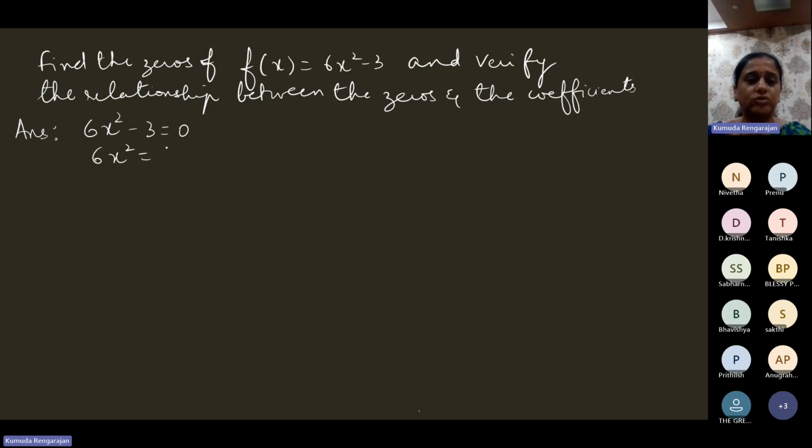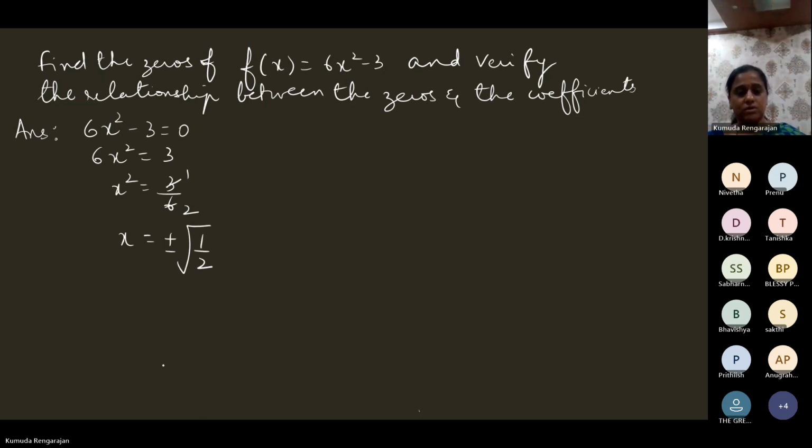6x squared is equal to 3. X squared is equal to 3 by 6. So x is equal to plus or minus square root of 1 by 2. X is equal to plus or minus 1 by root 2, because the square root of the numerator 1 is 1 and 2 remains under the square root.